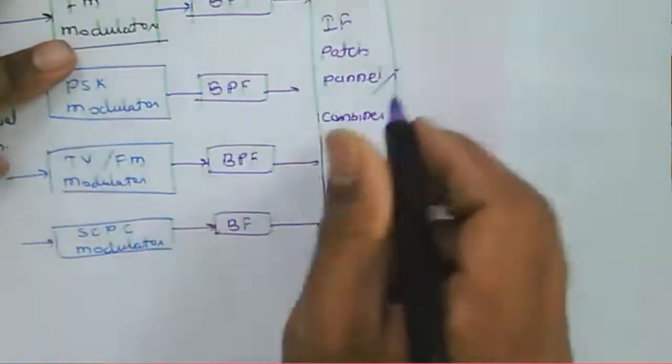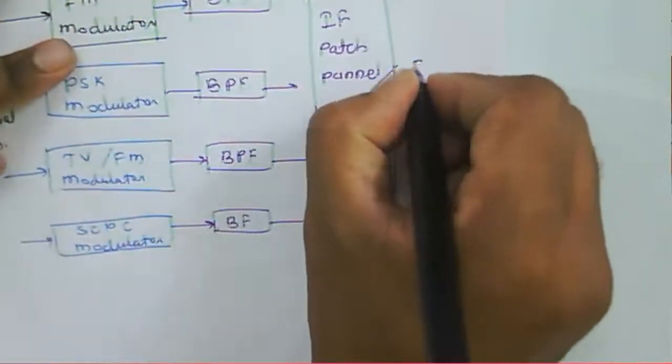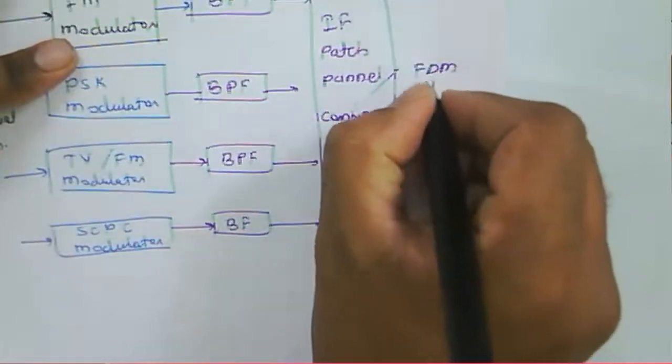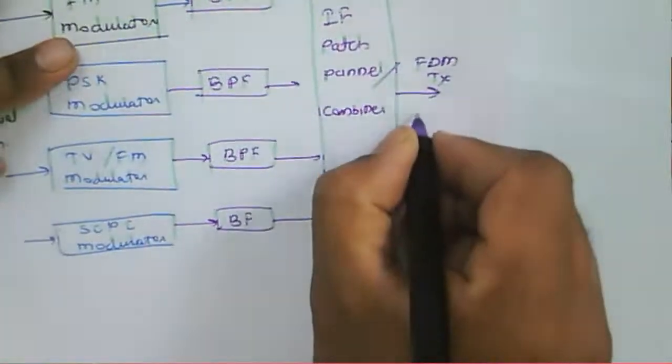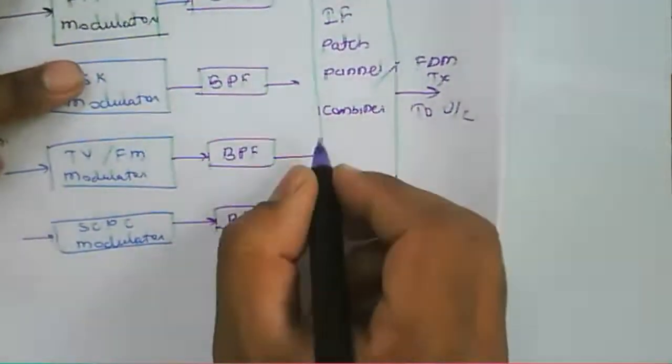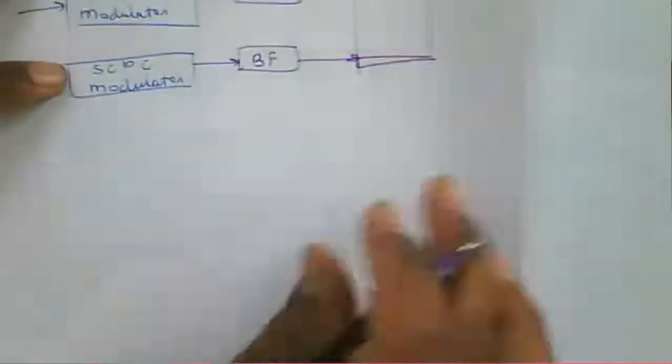All the inputs are combined, and then that is output through this FDM transmitter to the up converter. So now this one is for the transmitting side.